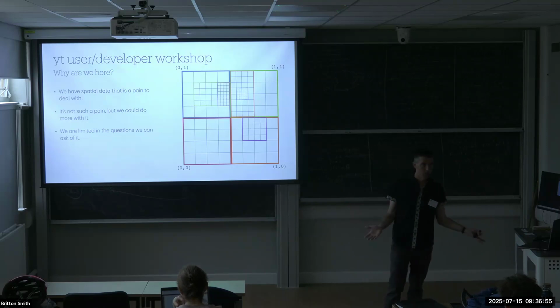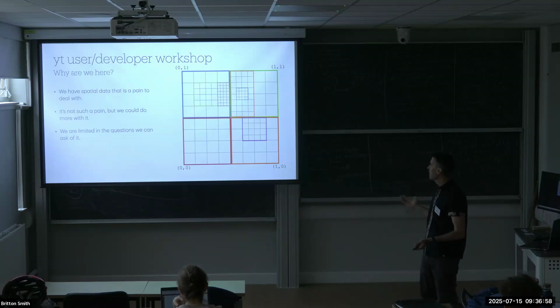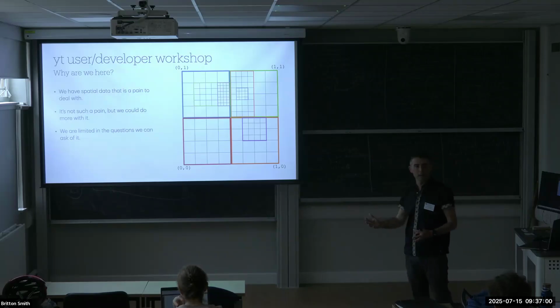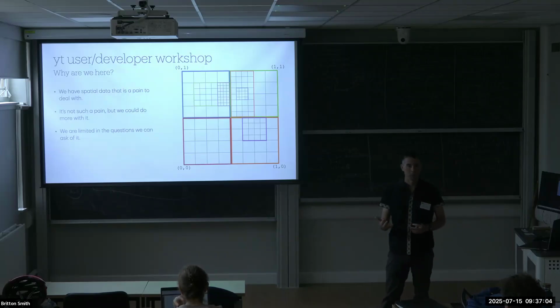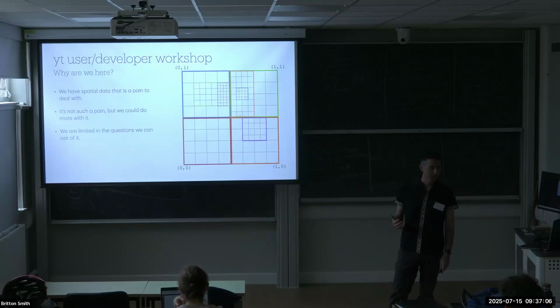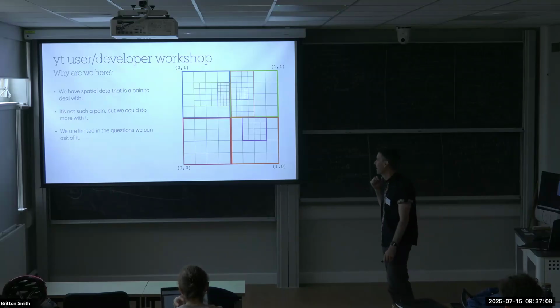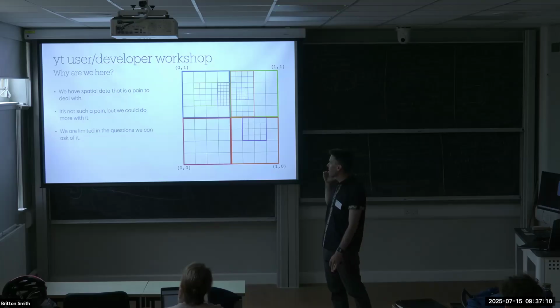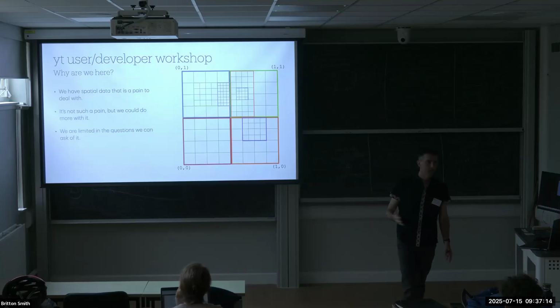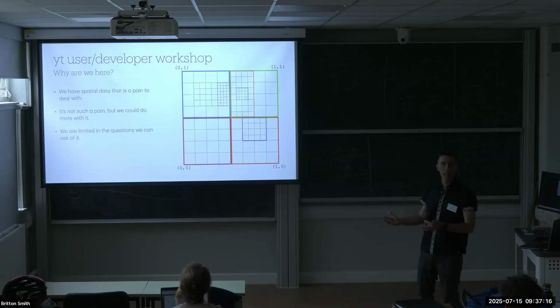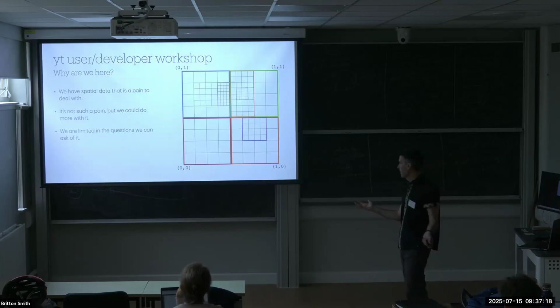Why are we all here, right? So I think the common themes that I hope bring you into this room, other than that you responded to my many pleas to come to this workshop, are that we all have some sort of spatial data that has varying levels of idiosyncrasies and is slightly a pain to deal with in some way, right?